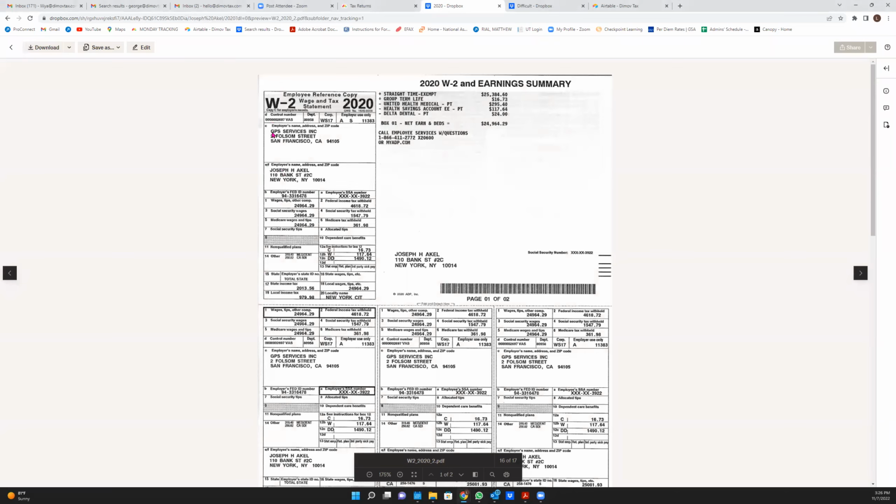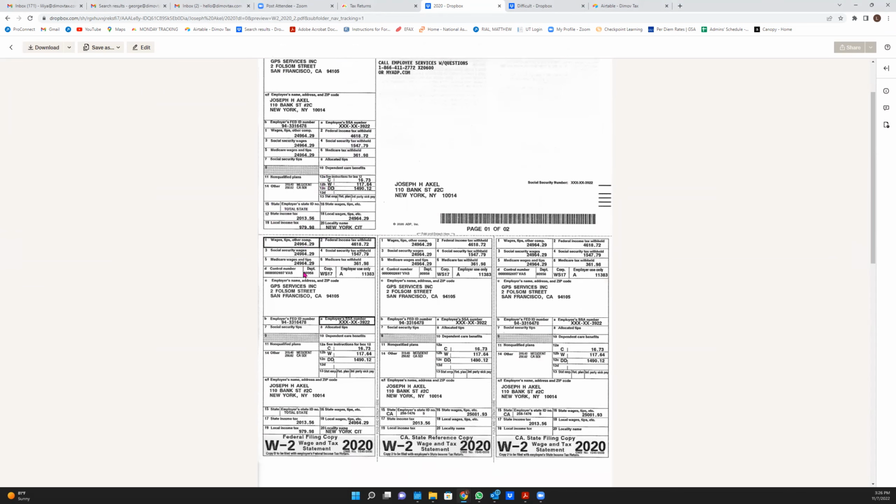So we can see that he has a W-2 from GPS services. You're going to see wages, and then all of these things that we talked about. So federal, Social Security, Medicare, taxes withheld, additional things. Of course, the state, and this is a good example, a person could work in multiple states. So this one specifically says total state.